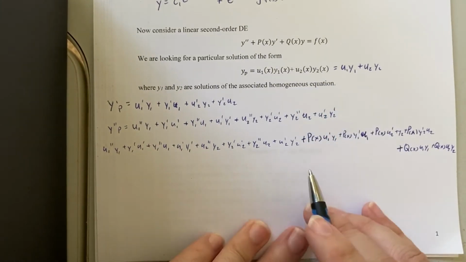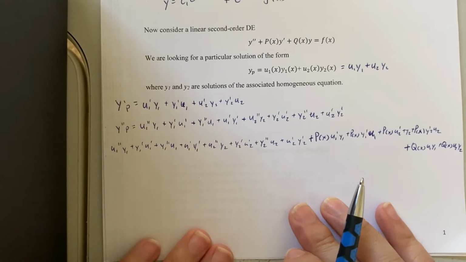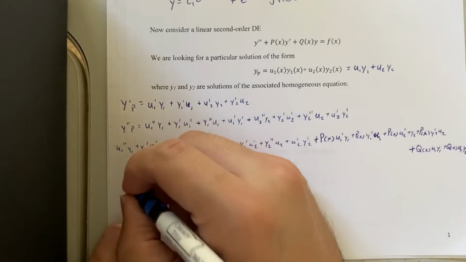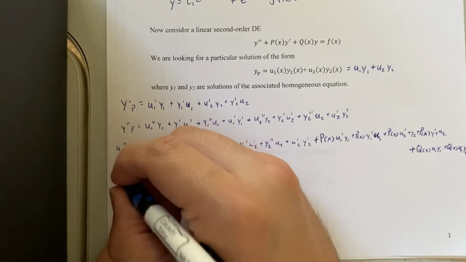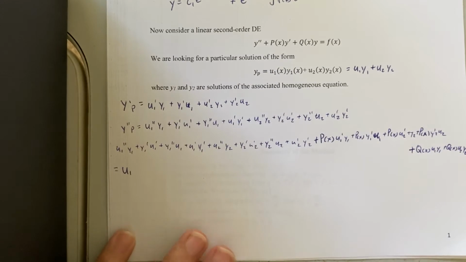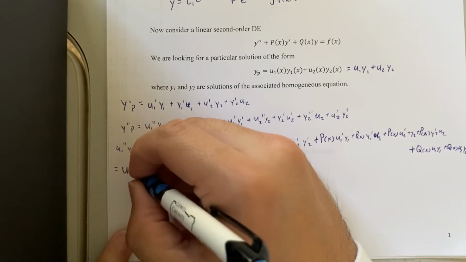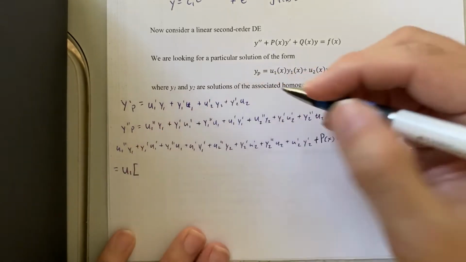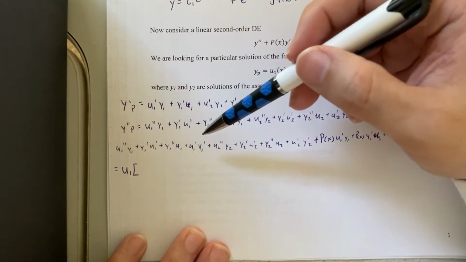So now I'm going to try and bring a lot of this together, and so therefore I'm going to say u sub 1 is equal to u sub 1 times, and now what I'm going to do is find all my y sub 1s and write them down.